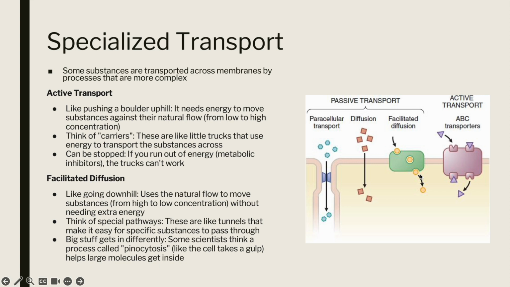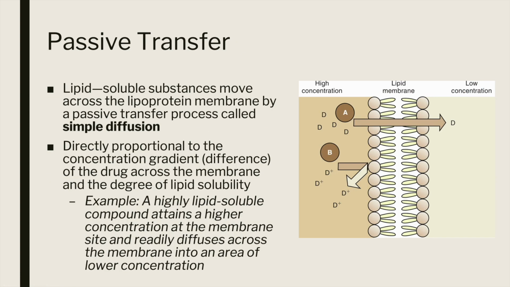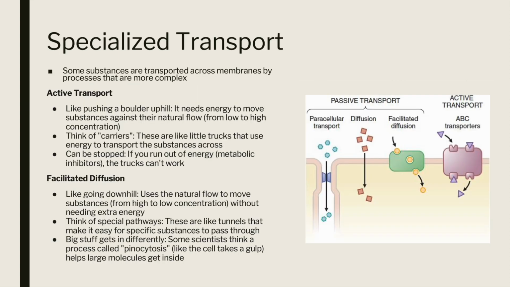Again, we talked about passive transfer on the last slide. This is just moving from basically a high concentration gradient to a low. Facilitated diffusion means that we're basically using some sort of a tunnel. The tunnel is going to facilitate it. This is like a special pathway. Big things get in differently.